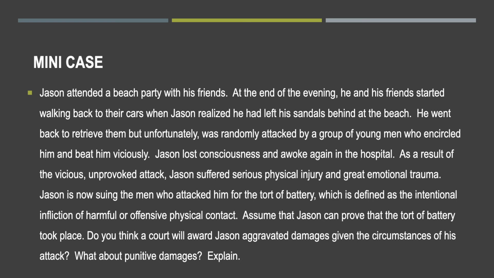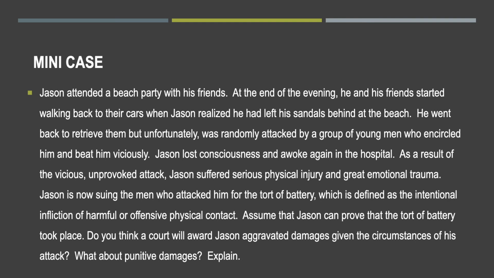If we look to a different case, this one is the Supreme Court of Canada in Hill versus Church of Scientology. And here the court held that punitive damages may be awarded in situations where the defendant's misconduct is so malicious, oppressive, and high-handed that it offends the court's sense of decency.